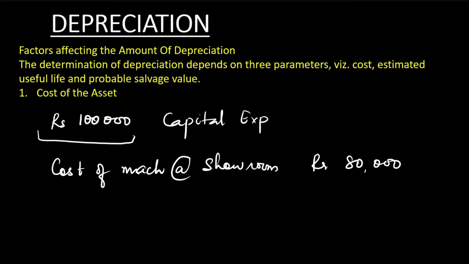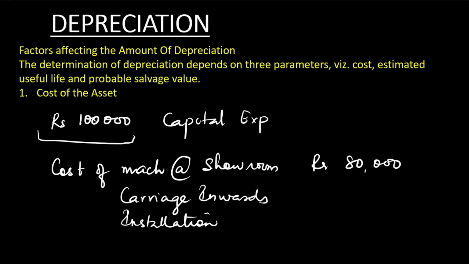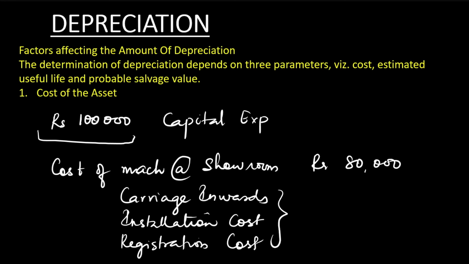So the firm has spent carriage inwards, then installation cost, let's say registration cost. All these costs pertain to the new machine which is bought in. So let's say all this cost together is 20,000 rupees. So we will say the cost of the machinery is rupees 1 lakh.